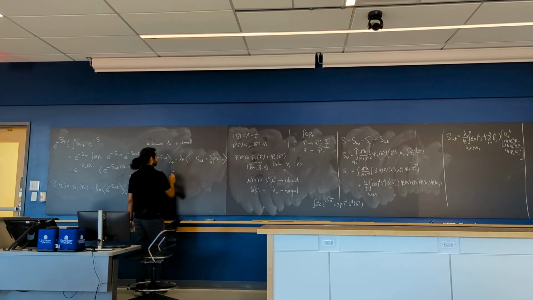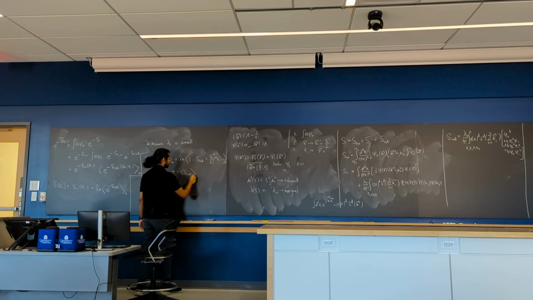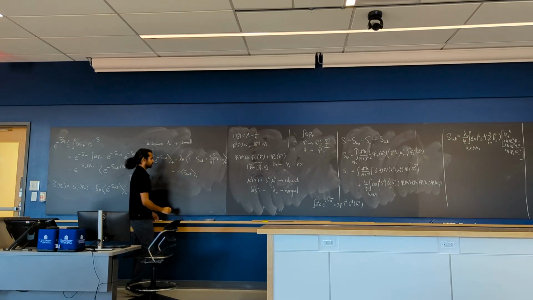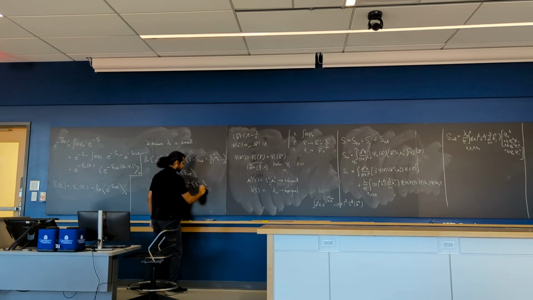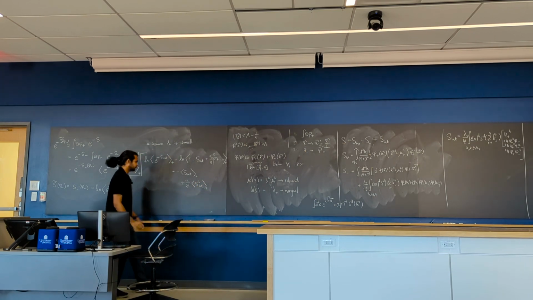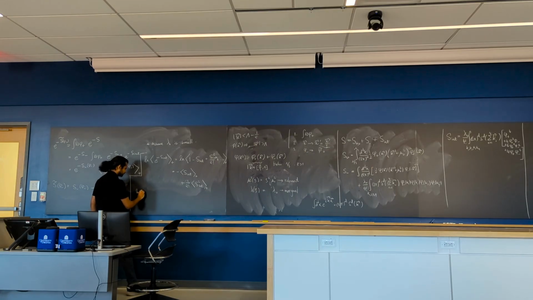So this is equal to minus S int plus 1 by 2 factorial S int squared plus, right? Let's just recall what this is.